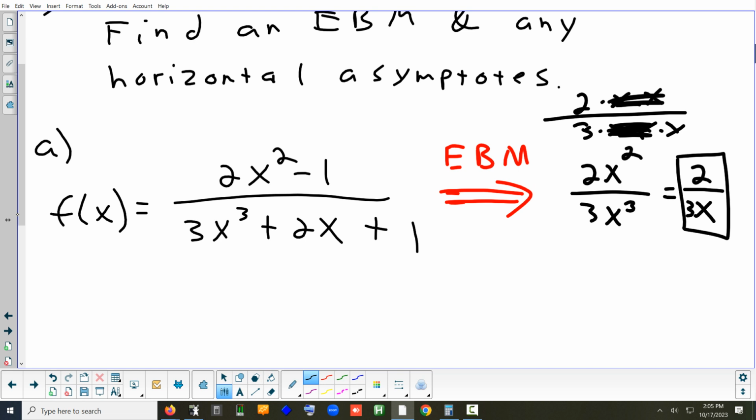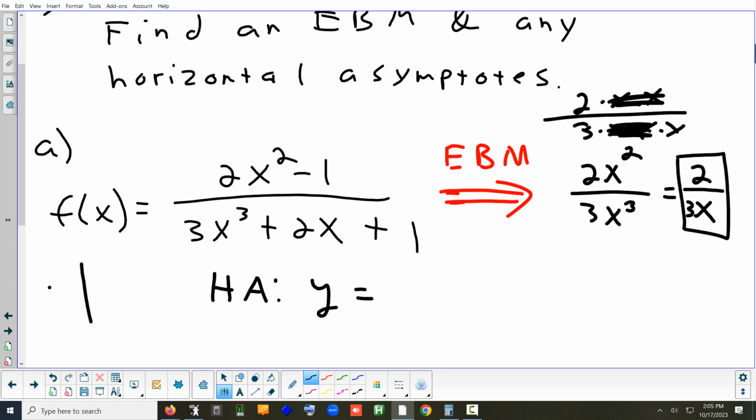Now, the next thing they want is the horizontal asymptote. How does the equation of a horizontal line always start? It's what letter equals? Y. Y equals. When I write HA, that's horizontal asymptote. To find a horizontal asymptote, you look at what happens as you head further and further to the right or to the left.